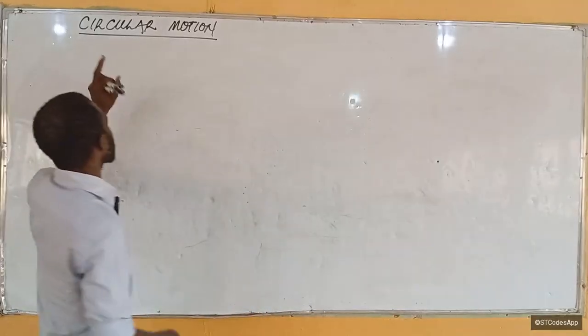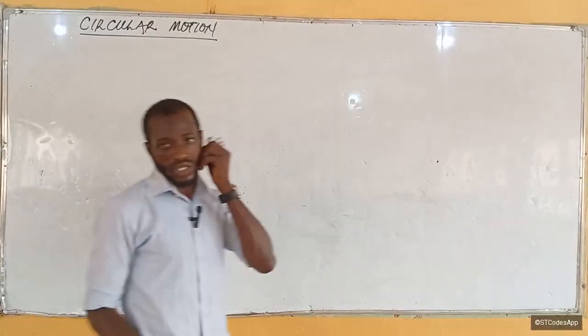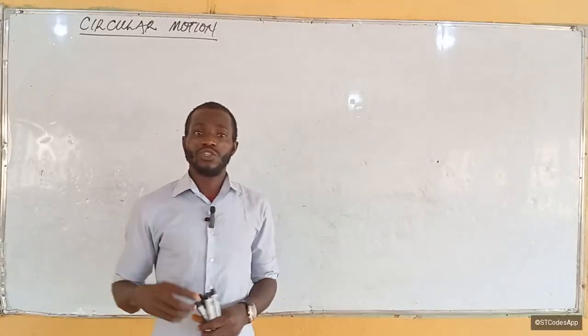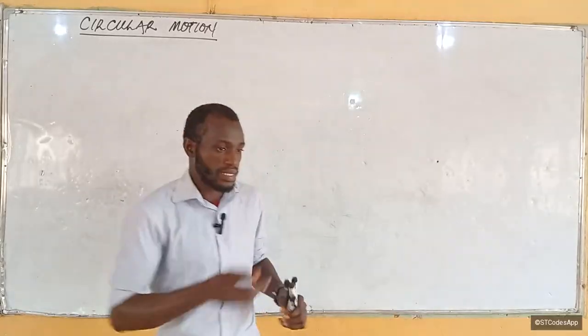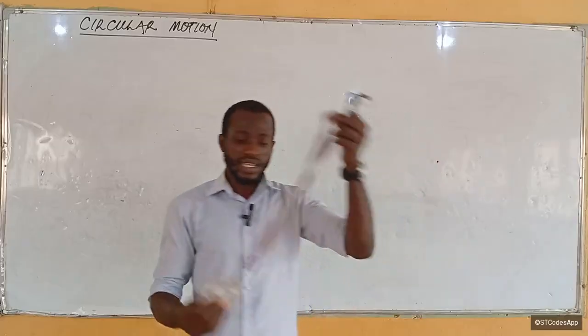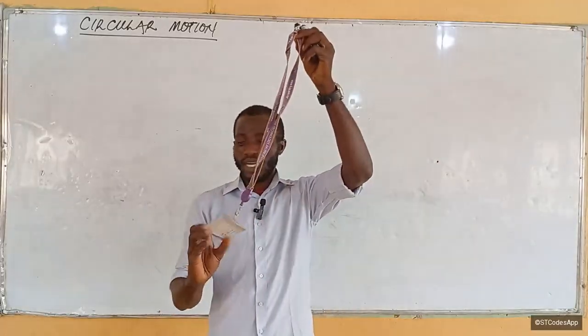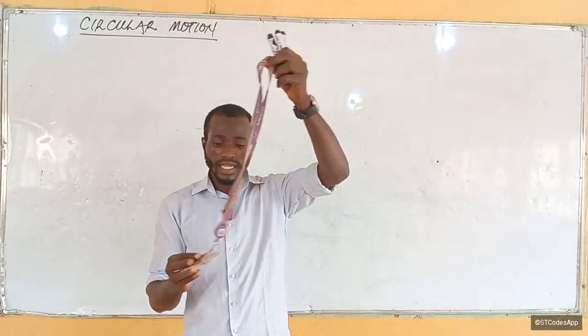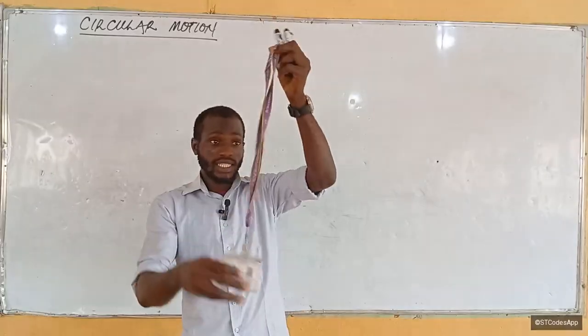All right, let's go to what circular motion is. Of course, you can already tell that circular motion is just motion in a circular path. I'd like to demonstrate what circular motion is to you. Look at this ID card attached to this rope.